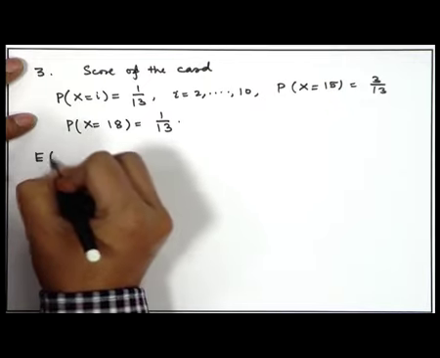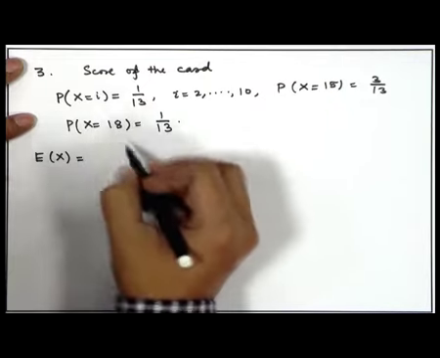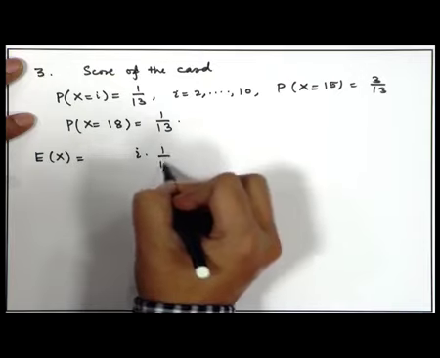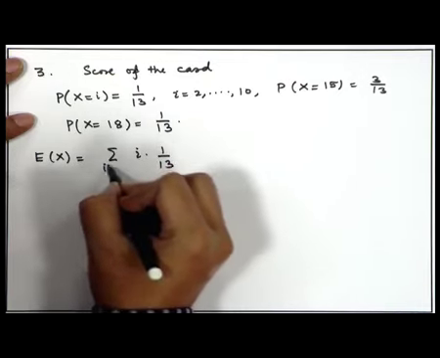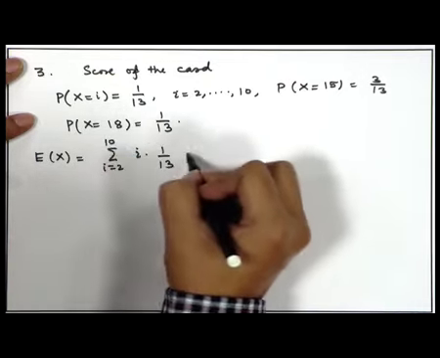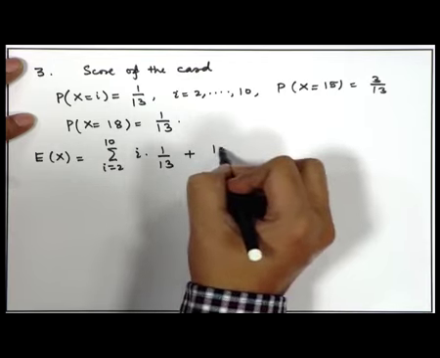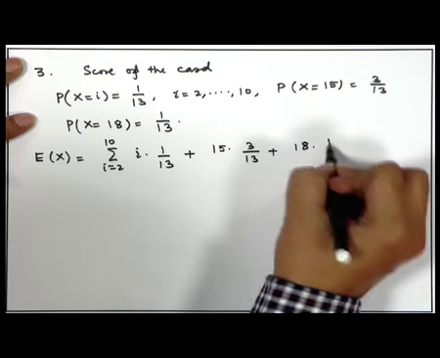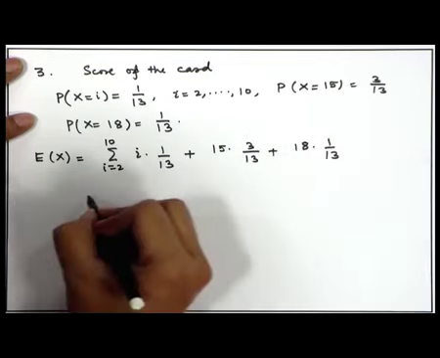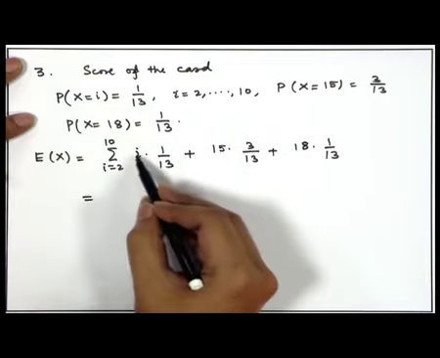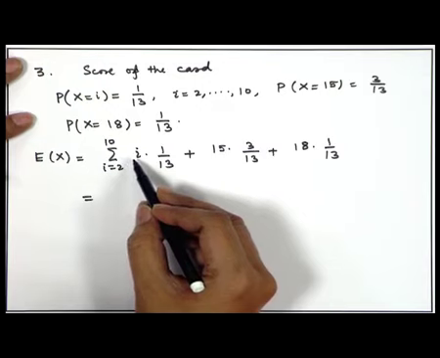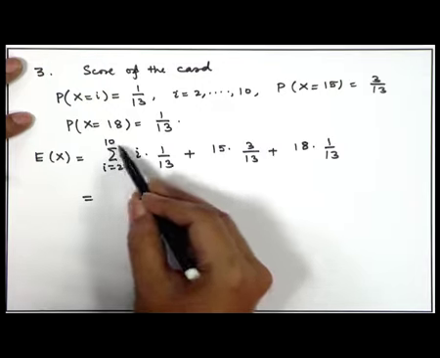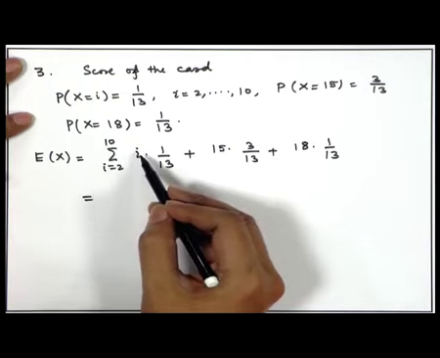So, expectation of x becomes i into 1 by 13 for i is equal to 2 to 10 plus 15 into 3 by 13 plus 18 into 1 by 13. This sum you can do by the summation of the positive integers formula, like the sum from 1 to 10, you know that it is n into n plus 1 by 2.